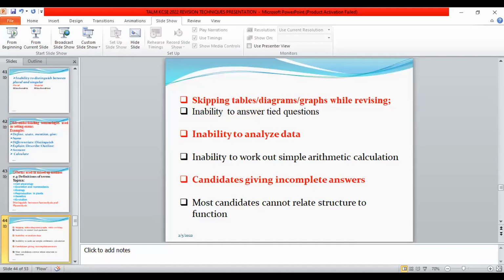You will find that majority of the students just gave up. They never attempted those questions, and this gave us an impression that these students normally skip tables when they are revising their work. We've already said that tables, diagrams, and graphs are areas that are going to give our students exposure on how to answer questions on high order thinking skills.